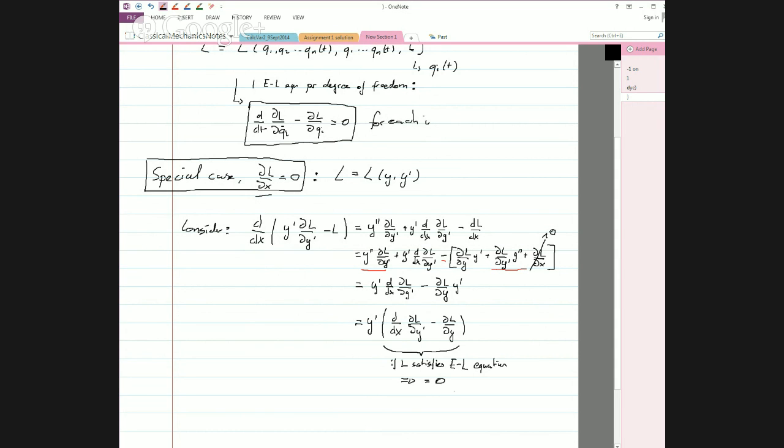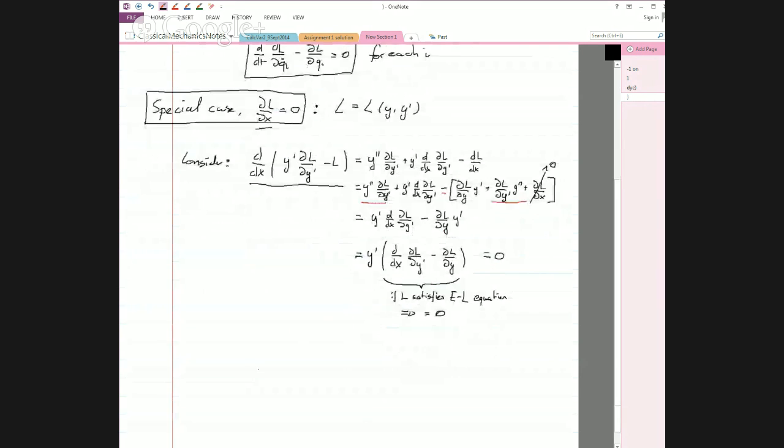Because the Euler-Lagrange equation is precisely that this term equals 0. Okay, so why is that interesting? That means this whole thing here that we started with, this sort of random expression that I introduced, is equal to 0 if L satisfies the Euler-Lagrange equation.